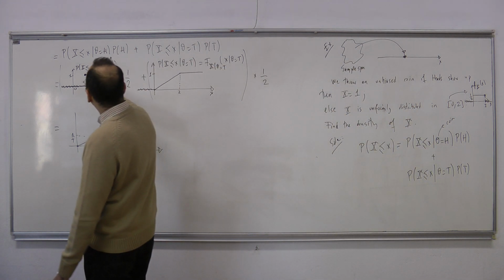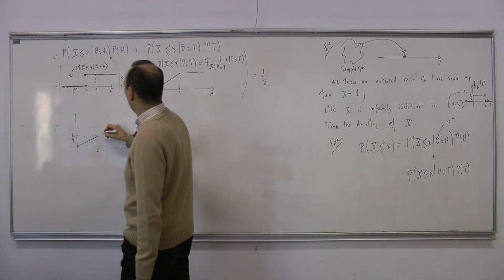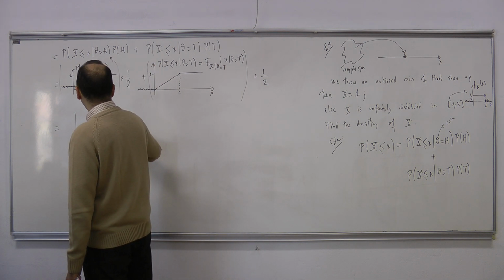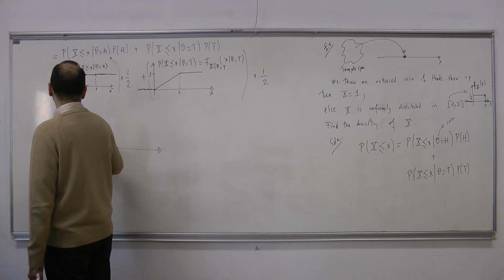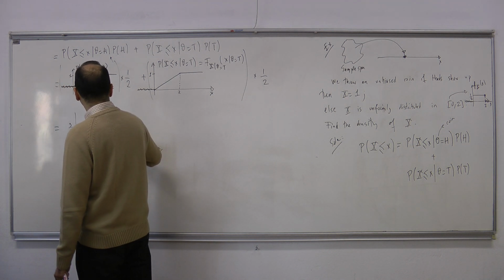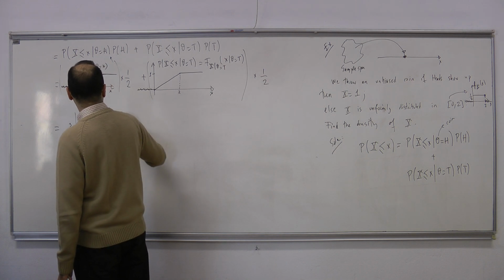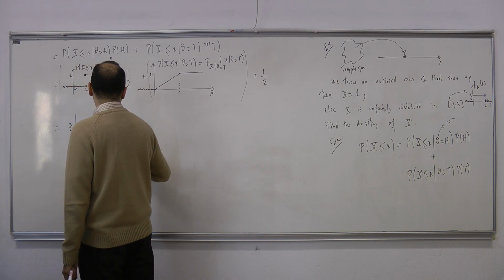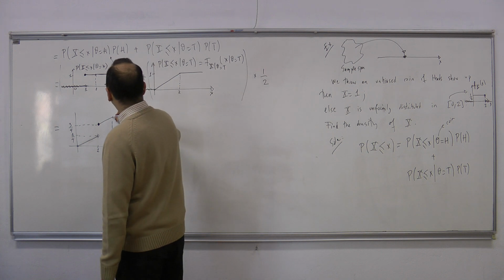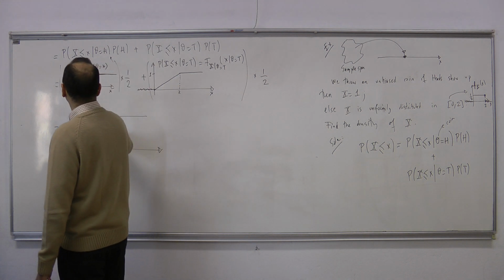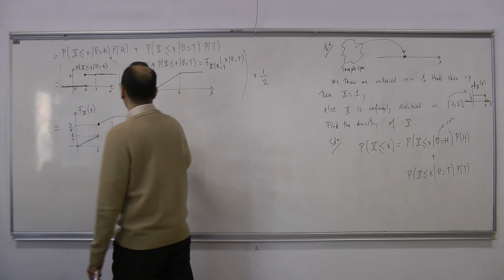Okay, 1/4. Now this is a jump of 1 unit times 1/2, 1/2 unit. So it jumps to this level, 3/4, and this is open, and it goes with the same slope up to 2. Am I right? Up to 2, then it is equal to this. So this is the CDF of x.